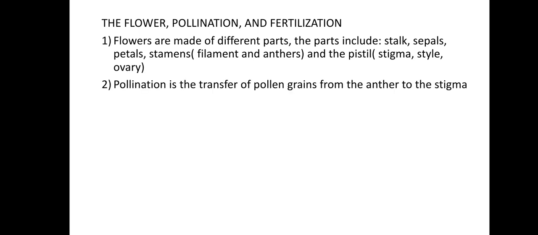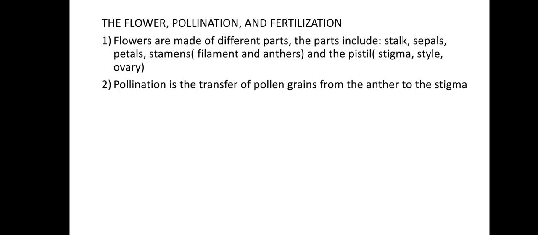All right. Then pollination. Pollination, we say that it is a transfer of pollen grains from the anther to the stigma on the same flower or to a different flower. So that is cross-pollination, where the pollen grains move from one flower to another flower on a different plant or the same plant. Then that is cross-pollination.